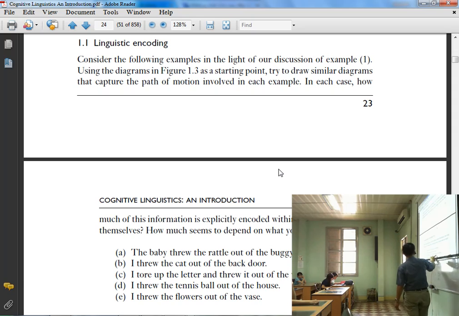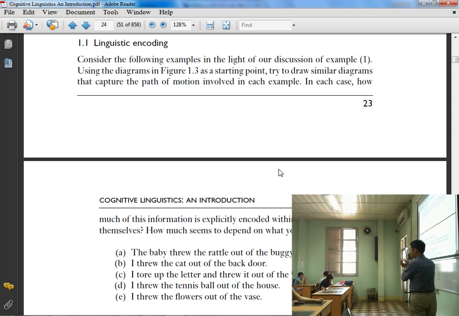Now, see, C: I tore up the letter and threw it out of the window. Again, out of the window, I have a surface like this. And this is me. Okay. Just image schema. Now, I tore the letter. And this is the object.